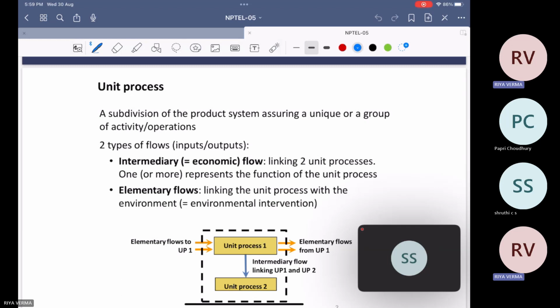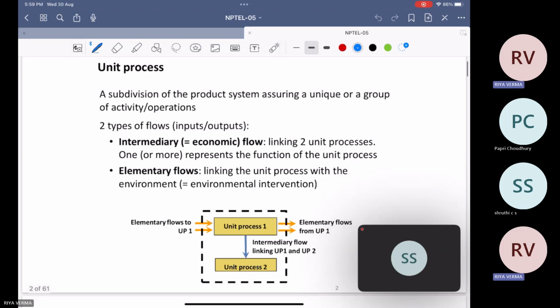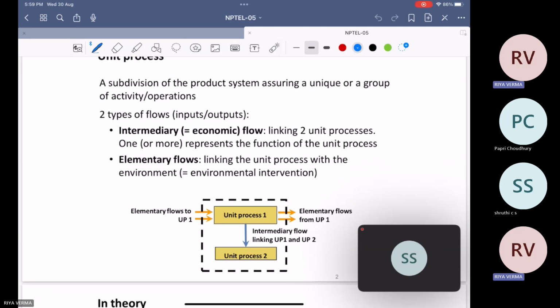So first we have the intermediary or economic flow that is used to link two unit processes, and second we have elementary flows. So elementary flows are used to link the unit process with the environment. So this is a chart where we have unit process 1 and unit process 2.